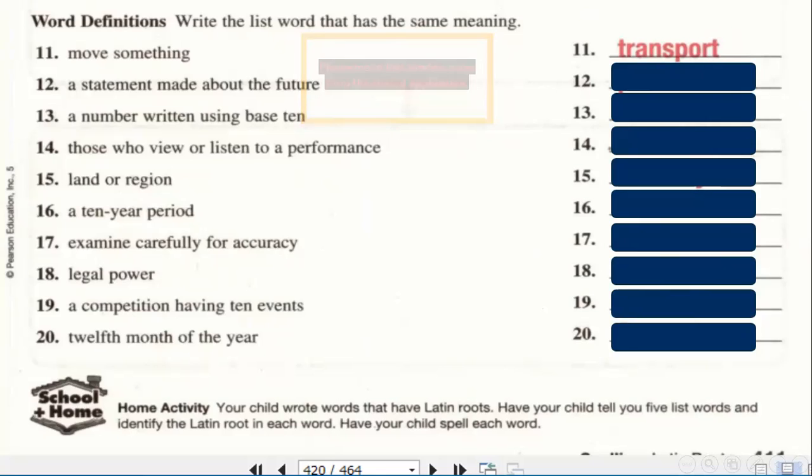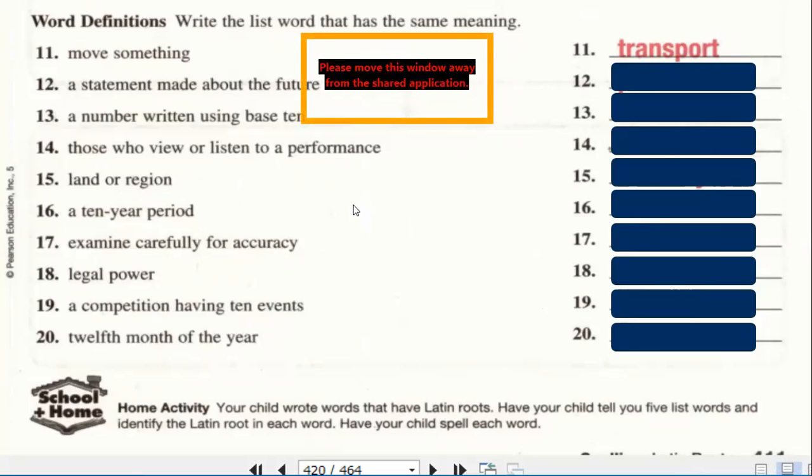Yusuf Hisham, read number 12. A statement made about the future. It means you try to see the future. So easy.